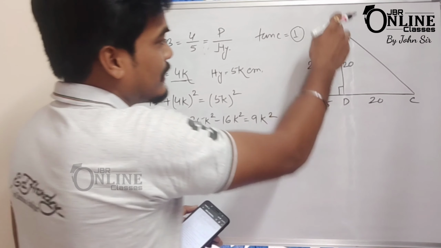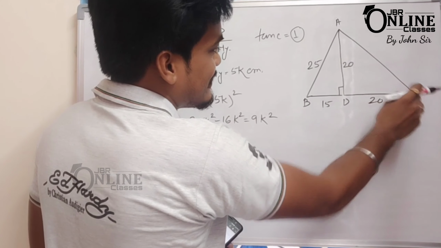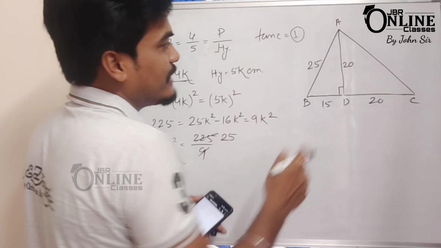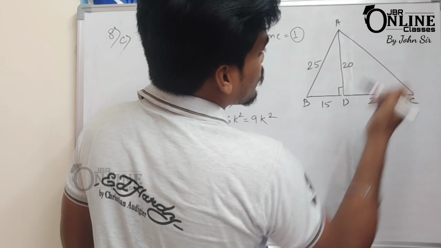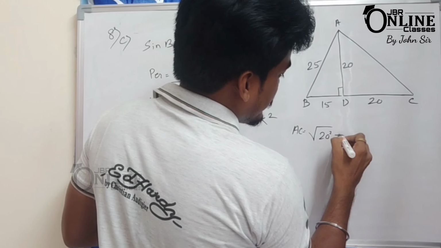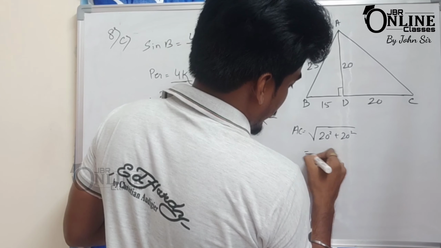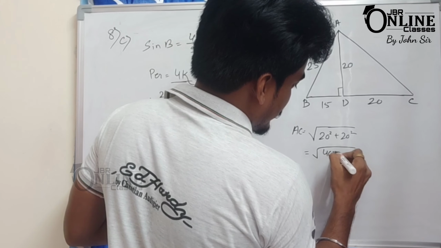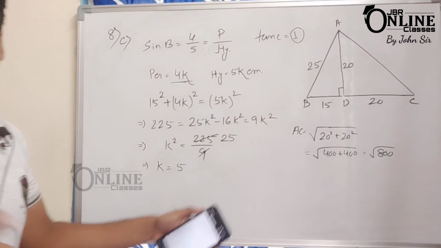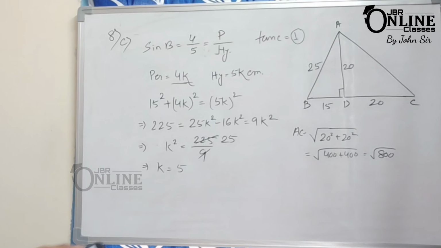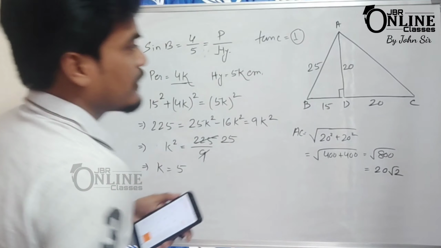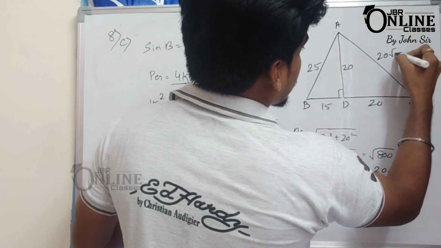So in this triangle ADC, here the perpendicular equal to 20, base equal to 20, so AC equal to root over 20 square plus 20 square. So that means 400 plus 400 and that equal to root over 800. So that equal to 20 root 2. That means the hypotenuse here equal to 20 root 2.